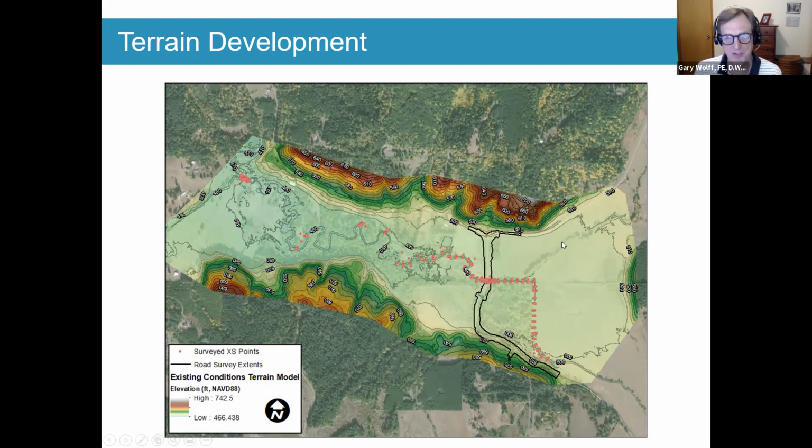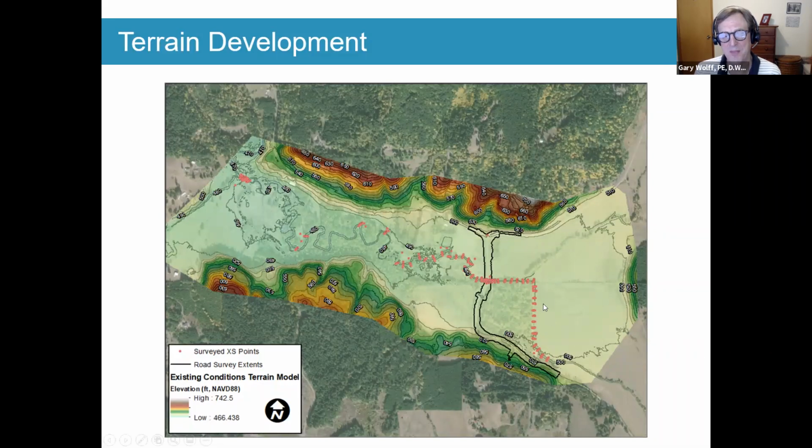Because in this case, what we did is we used high-resolution LiDAR, which you can see here, that all this is LiDAR. The pink are actually cross-sections of the main channel that the county surveyed for us. So we had cross-sections of the channel, which the LiDAR unfortunately doesn't pick up very well, doesn't see below water generally, and it does have a hard time if there's really dense vegetation.